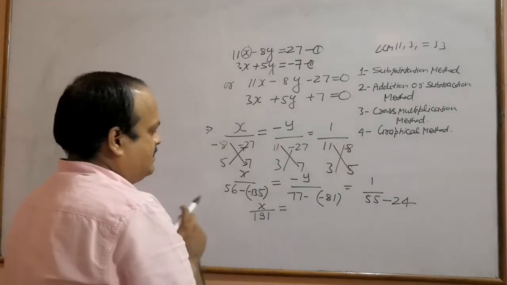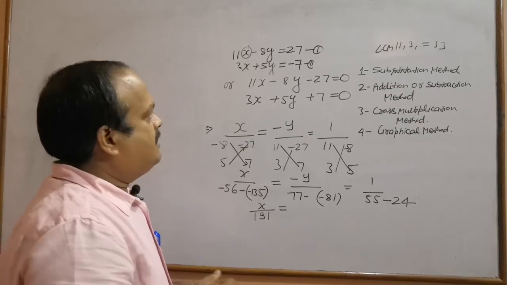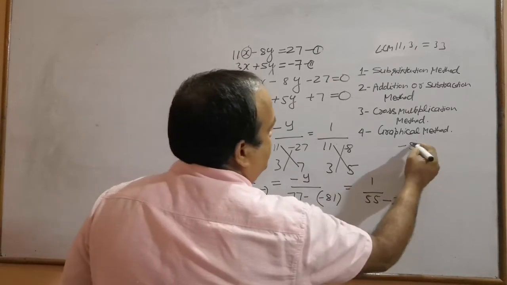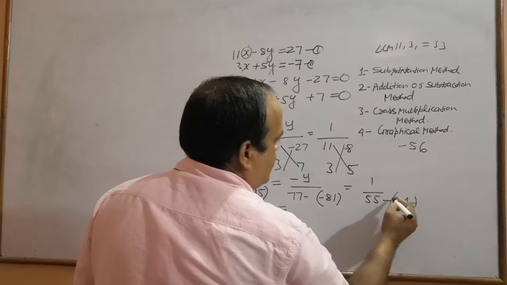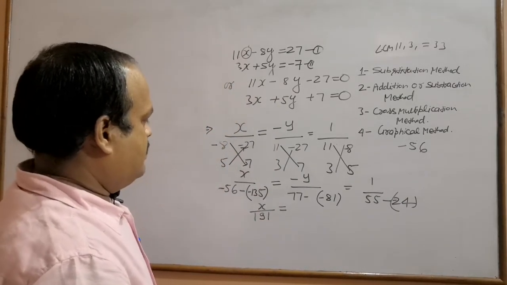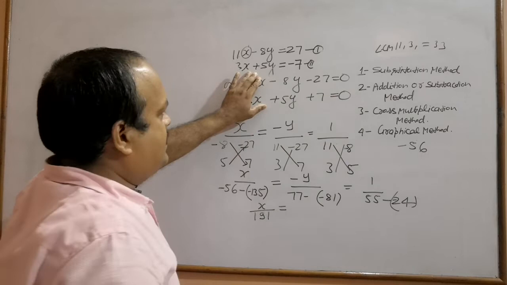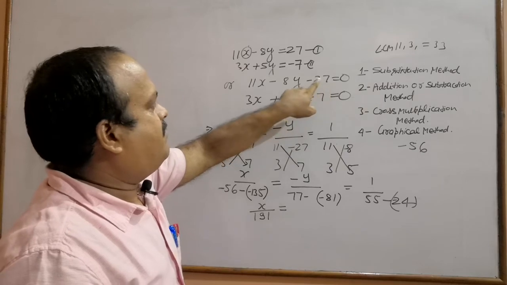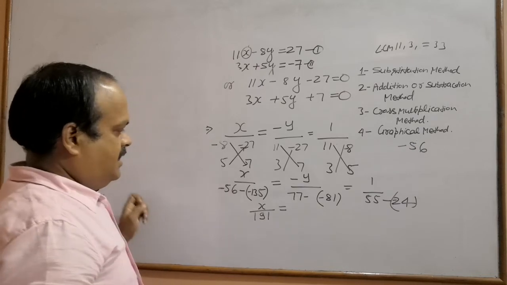So minus 8 into minus 7 is minus 56. So minus 56 plus 135, where 5 into 27 is 135.